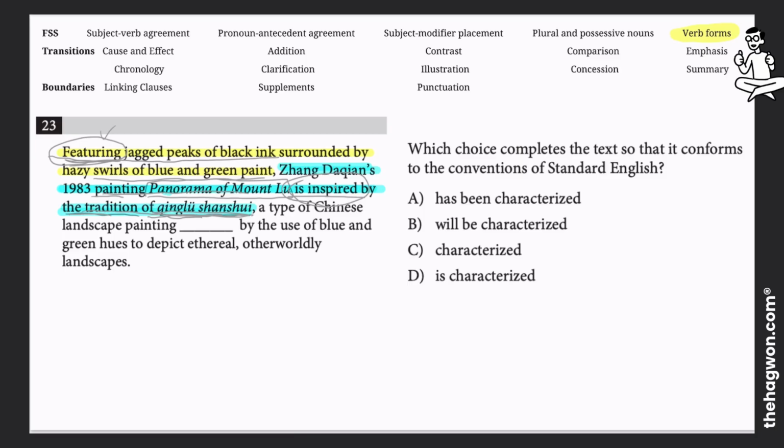So let's just write down, we have an adjective phrase, which is our modifier, and we have an object, we have a verb, which is inspired, we have a subject here. Okay, let me just organize it there. So this part here right now is our featuring, and this is our independent clause right now: object, verb, subject.